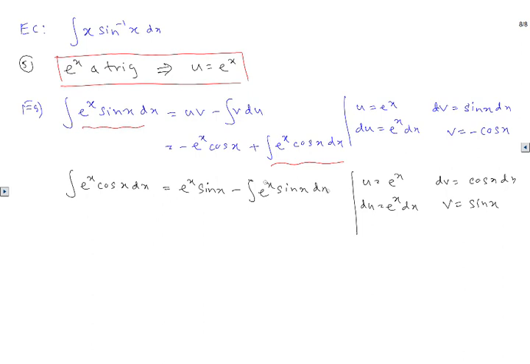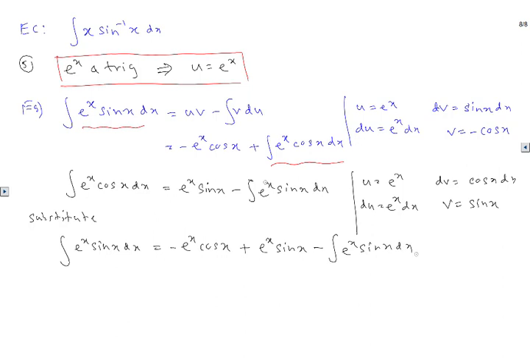Now what are we going to do? We're going to substitute that into the previous one. So let's substitute. You start with this, the original one, integral of e^x sine x dx, but we know that this is simply minus e^x cosine x, plus, when you integrate e^x cosine x, we get e^x sine x minus integral of e^x sine x dx.